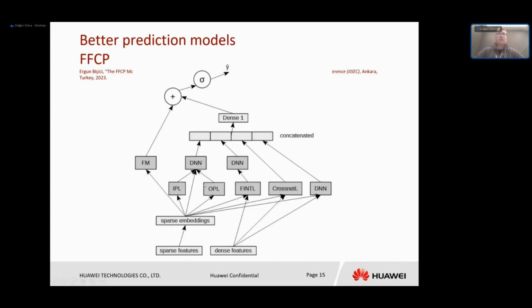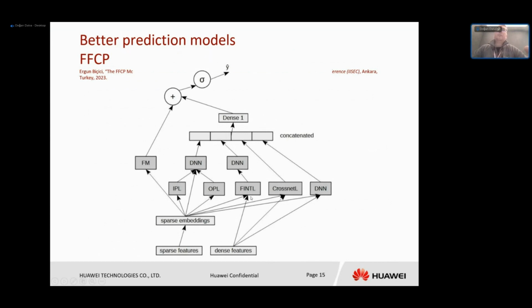So we built the FFCP model. The architecture looks like this. We have sparse features and dense features. Sparse features are transformed into sparse embeddings, which are fed into all of these components we mentioned. IPL is inner product layer, OPL is outer product layer, then the FINT layer, CrossNet layer, DNN, deep neural networks, and FM layer.